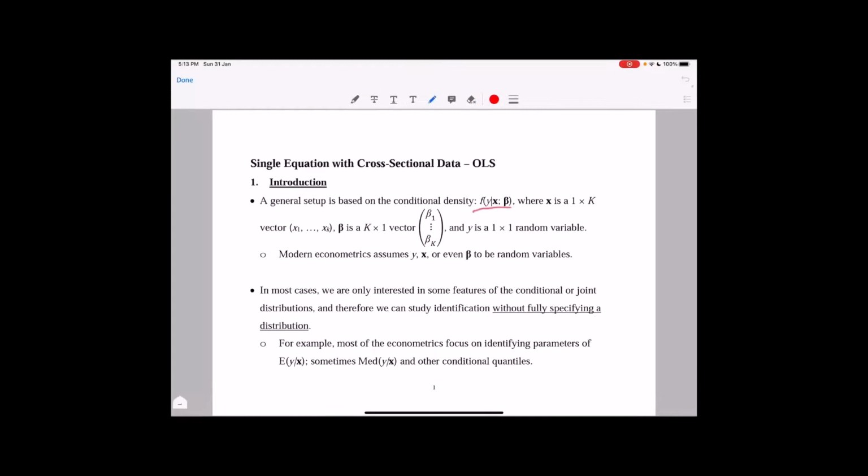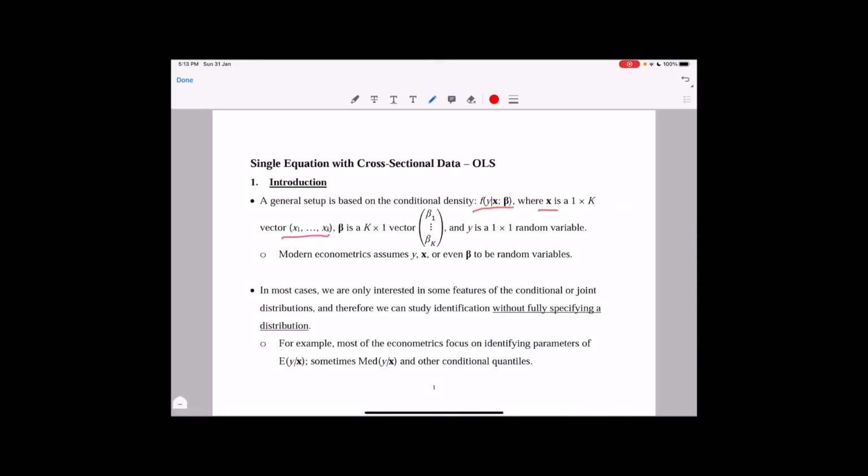The most general setup is like this. We have a conditional density of the outcome variable y given x and coefficient beta. X is a 1 by k vector, and beta is a k by 1 vector. In 4a, I follow Aldrich and write x as a row vector.